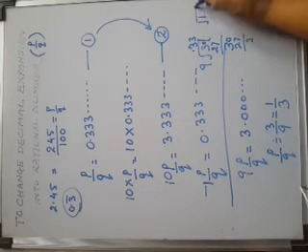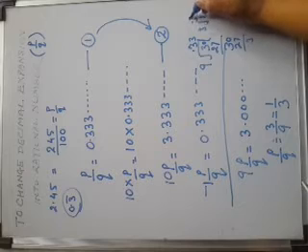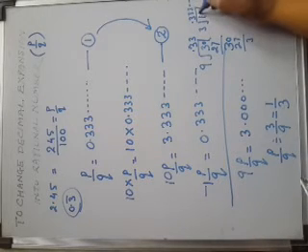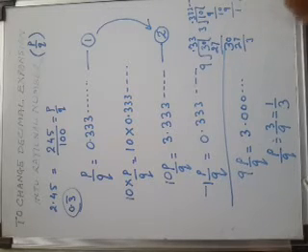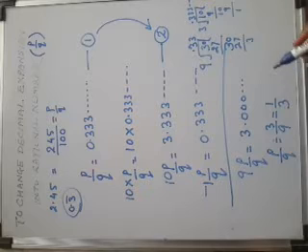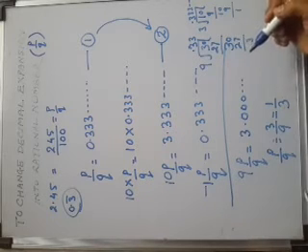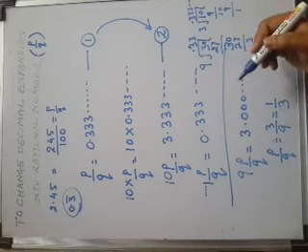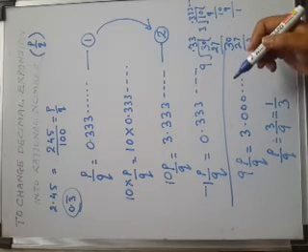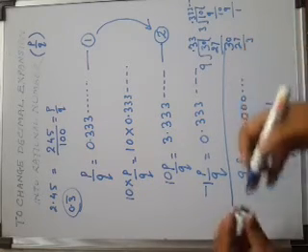Similarly, if you divide 1 by 3, then also you will get 0.3333 and so on. Okay, so the reverse process we have done. What? To convert a decimal expansion into a rational number. Have you understood? Let's take one more example.